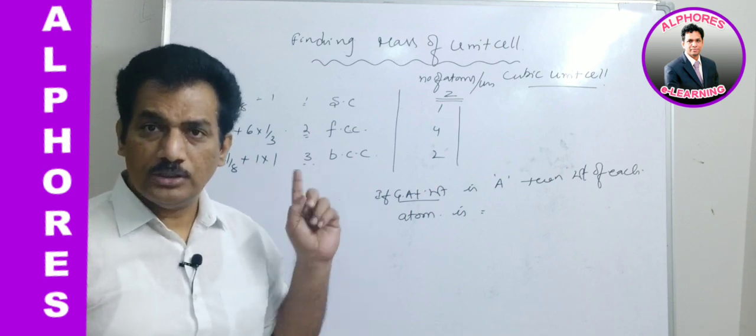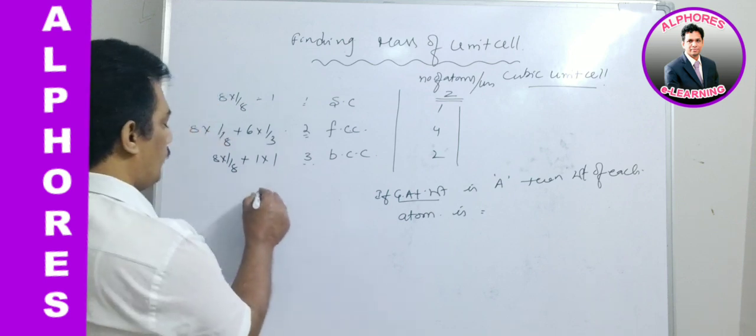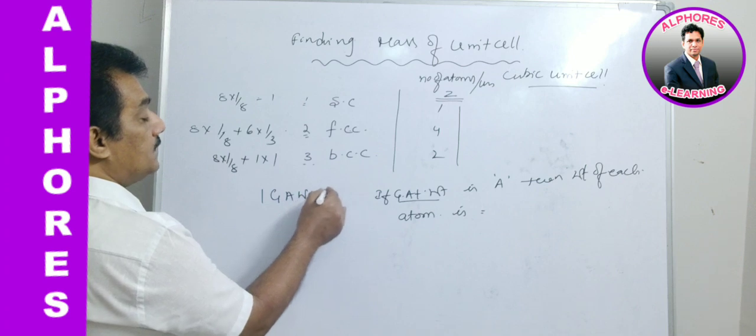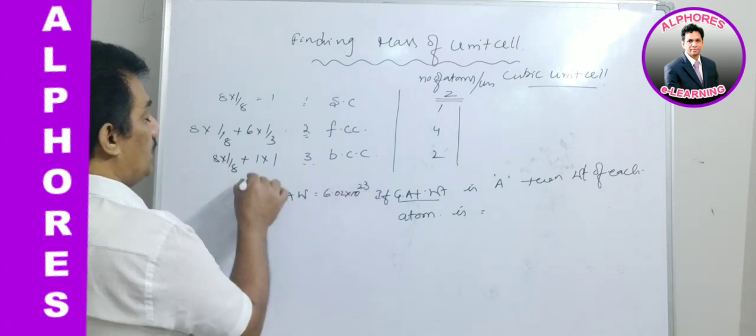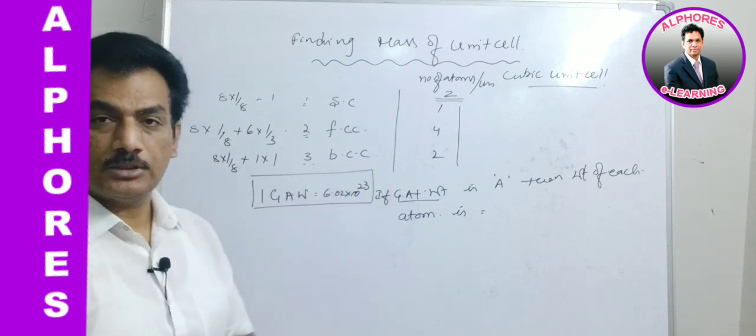Is each atom's weight the gram atomic weight? No. 1 gram atomic weight of any element has Avogadro number of atoms. We know it is the mole concept or Avogadro number concept.